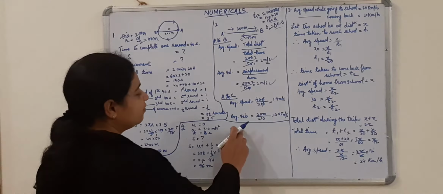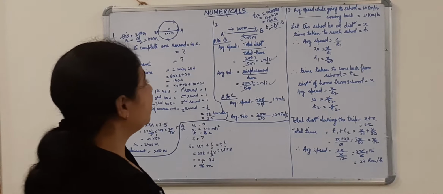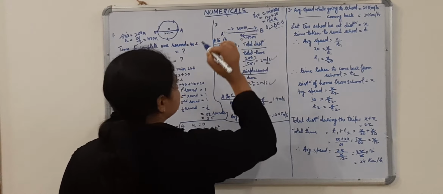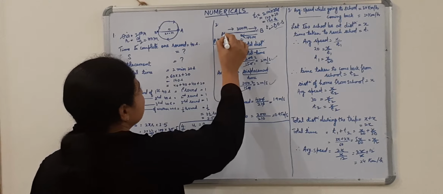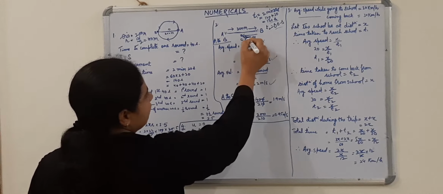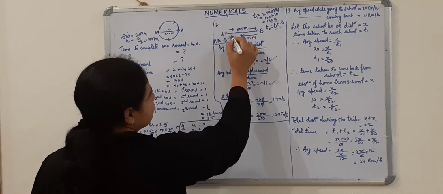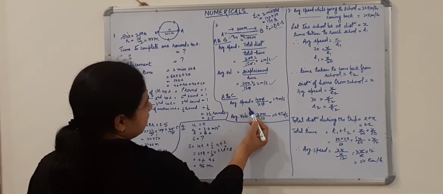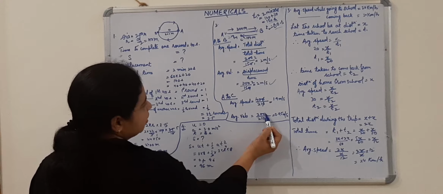And what about average velocity in this case? We know that now Joseph has stopped at this point. And what is the distance between initial and final position? If the total track was 300 meters and he has covered 100 meters back, what will be this? 200 meters. So in this case, average velocity is equal to displacement upon time.